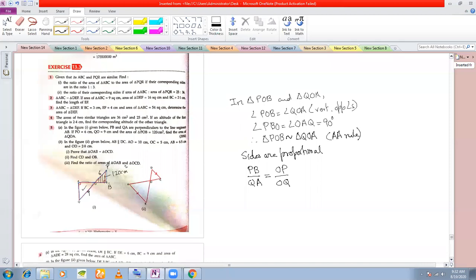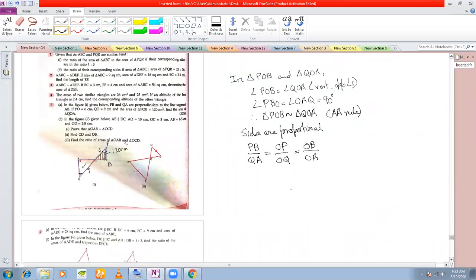And which angle remains? This angle remains and this angle remains, so they have to be equal. So the opposite sides are OB and OA. We have written the proportional sides. Now, since the area is given, we write the relation between areas.